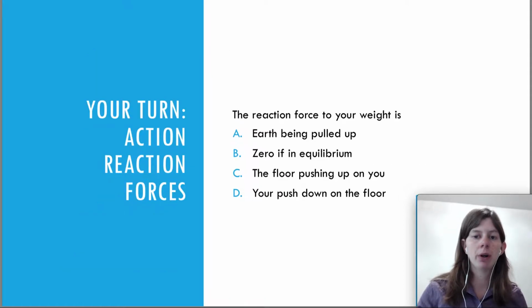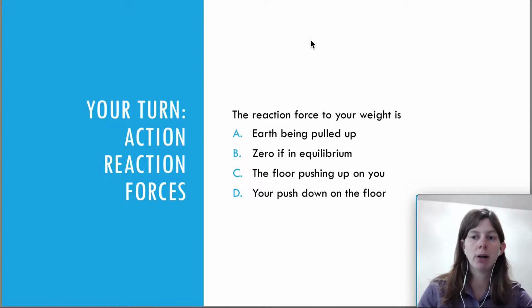Let's do one more. This question comes up all the time. What is the reaction force to your weight? So a lot of you guys are going to think, well, weight is down, so the floor pushing up on me would be the reaction. But please do not make this mistake. You really have to think about what is causing this force, right?